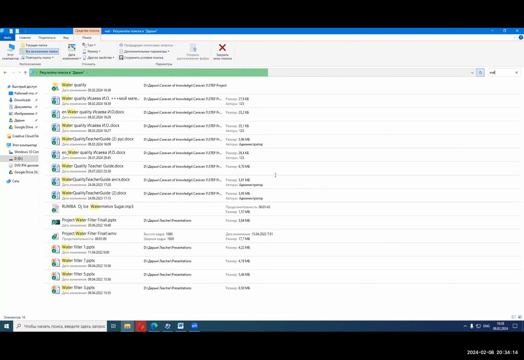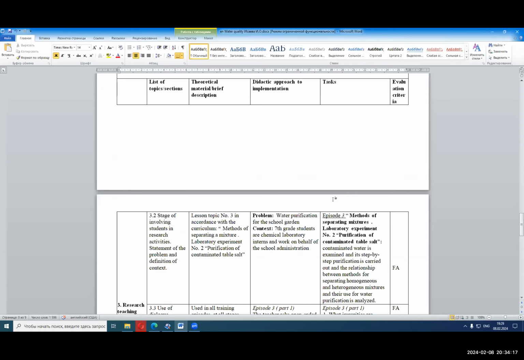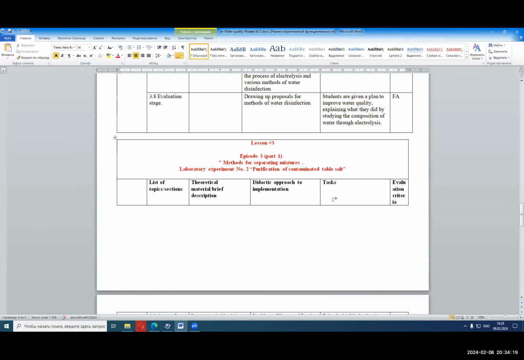But we created this two weeks ago, when we had some weekends, before the 30th of January. It was very hard. We created it without CER but with modeling. Now we are thinking about how to add CER, but we will again scan the unit on water quality and try to add CER.